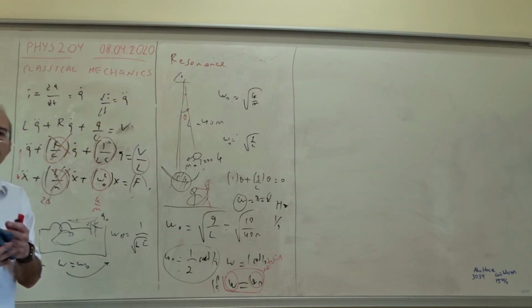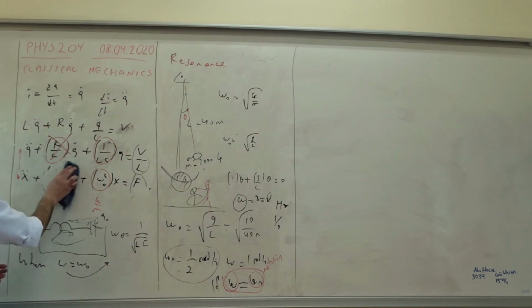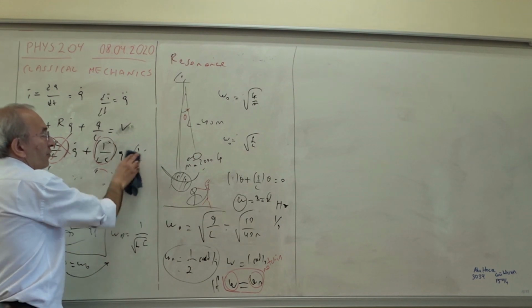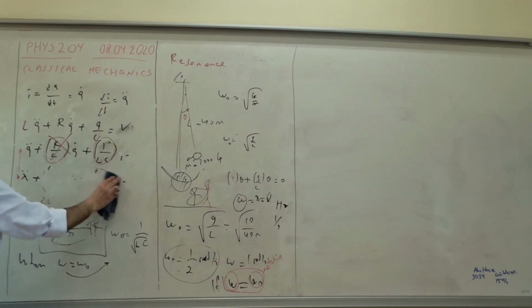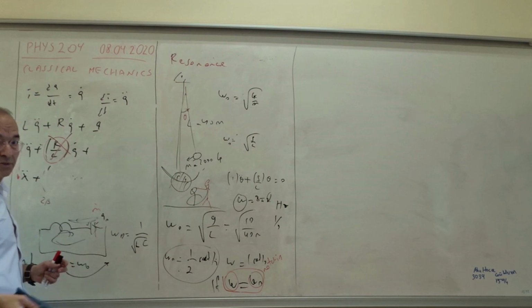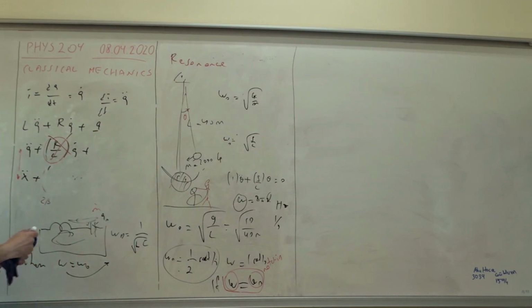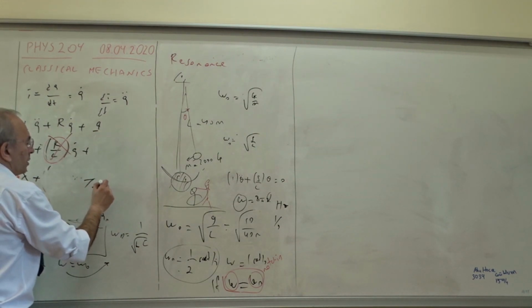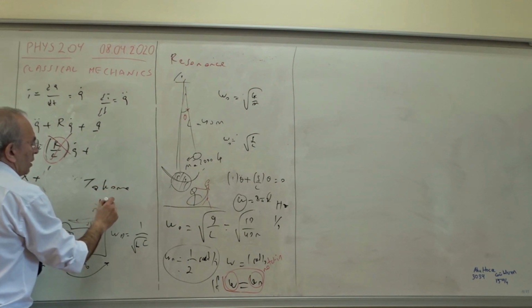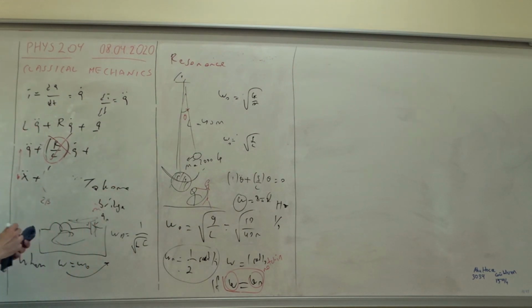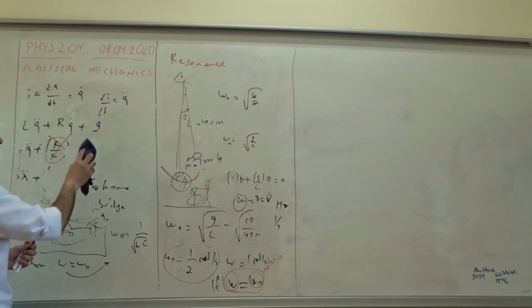So resonance may sometimes be a good thing, to activate some very difficult systems, for instance. But in some cases, it may cause some harm. For instance, remember the Tacoma Bridge? Remember the Tacoma Bridge, which fell down because of some wind power.